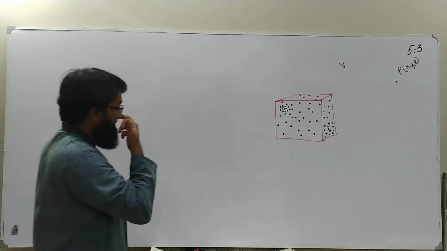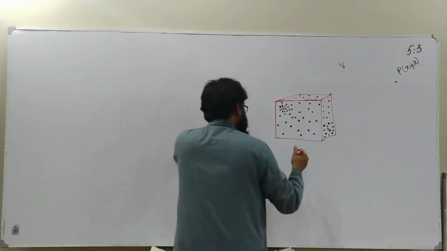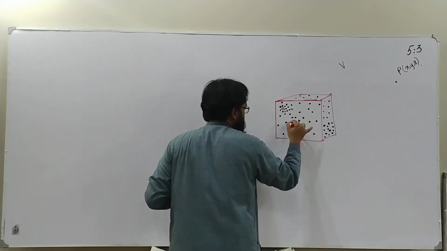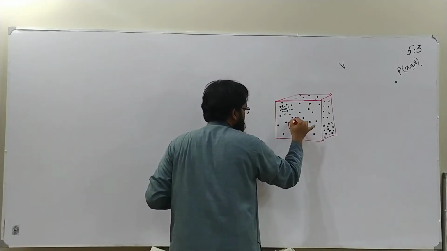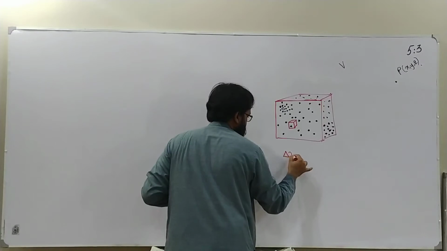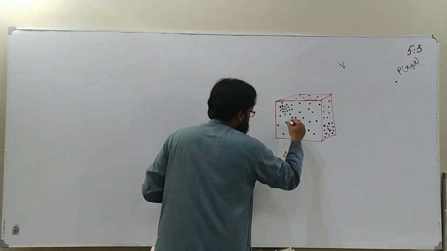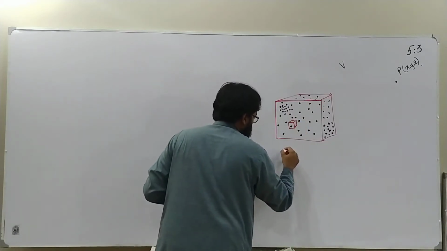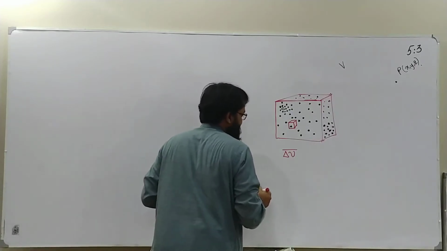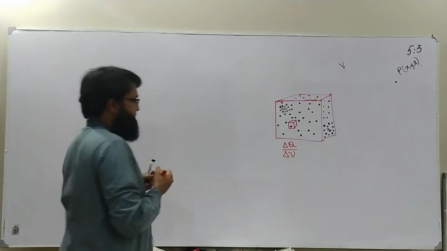But they are occupying a volume. So what we can do in such cases is take a very small incremental volume. Incremental volume means delta V, not dV, and we can find the charge enclosed in this incremental volume, and let's say that incremental charge is represented by delta Q.